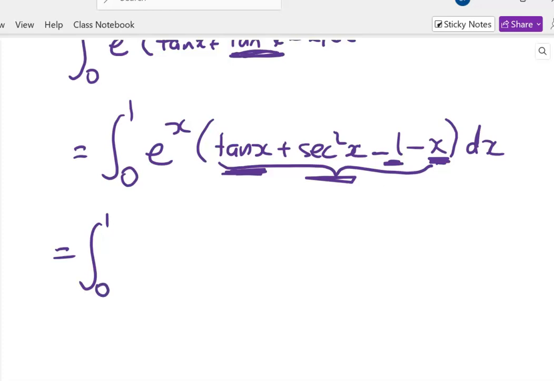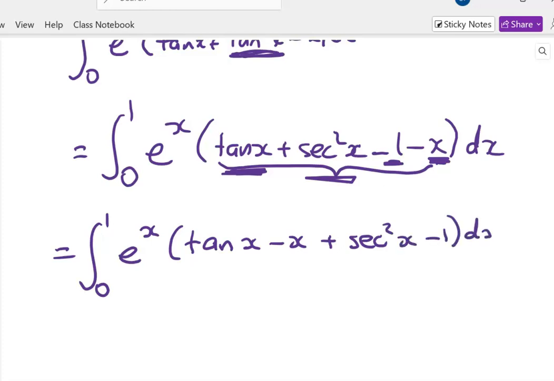And if you watched some of the earlier videos, this should be reminding you of, I think it was question 8, 9 or 10. If we reorder this, we can write this as tan of x minus x plus sec squared of x minus 1 dx.